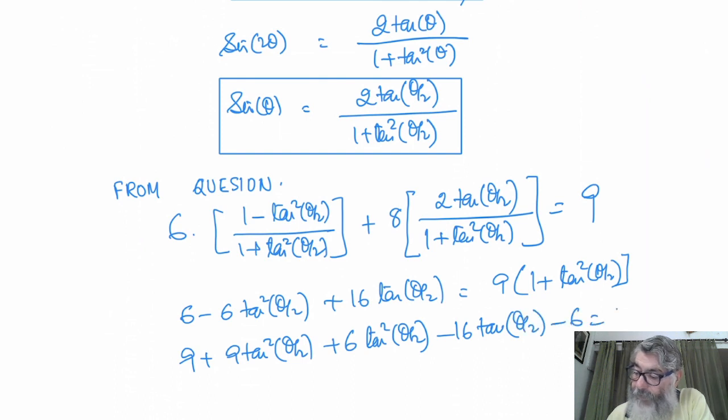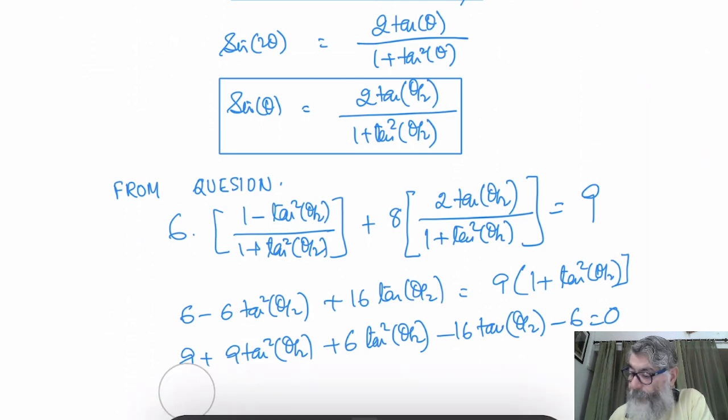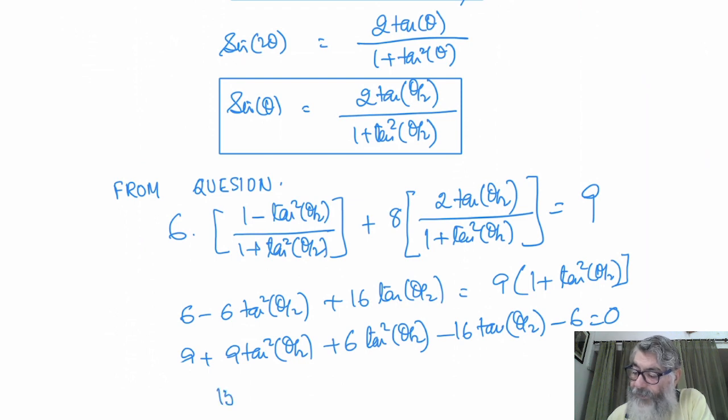So it will become 9 tan square theta by 2 plus 6 tan square theta by 2, added, that is 15 tan square theta by 2, minus 16 tan theta by 2, and 9 minus 6 is plus 3, is equal to 0.